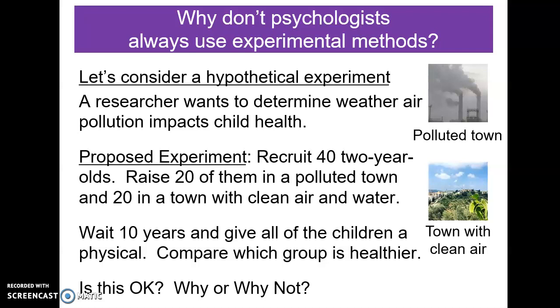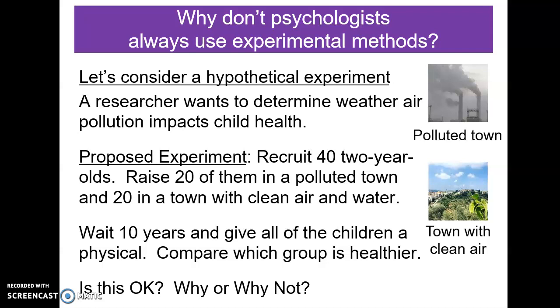Now, is this okay? Well, in your mind, you might think, no, because you are now exposing 20 children and their parents to pollution, and you don't know what could happen. Some of you might think, well, we live in LA and we're doing okay.